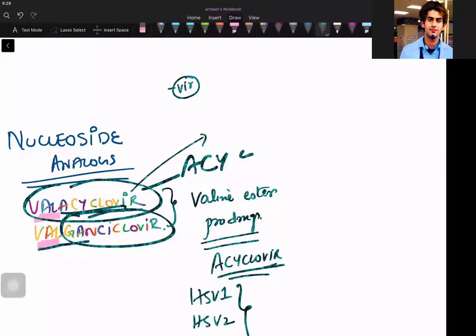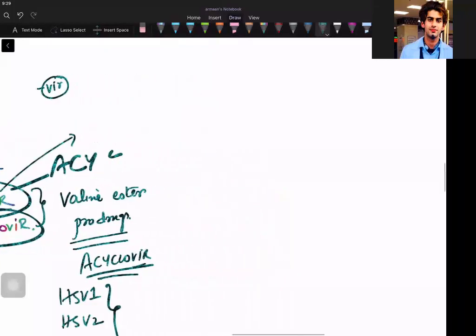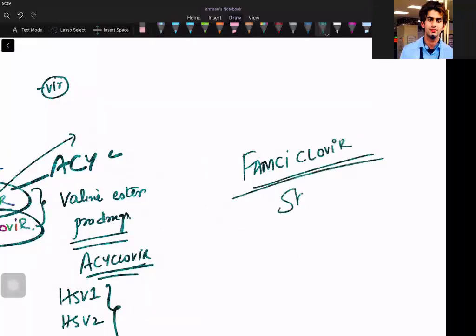Okay, so can any one of you tell me how to treat shingles? Or if I have outbreaks of HSV type 2 infection, we give famciclovir. Famciclovir we give for shingles.